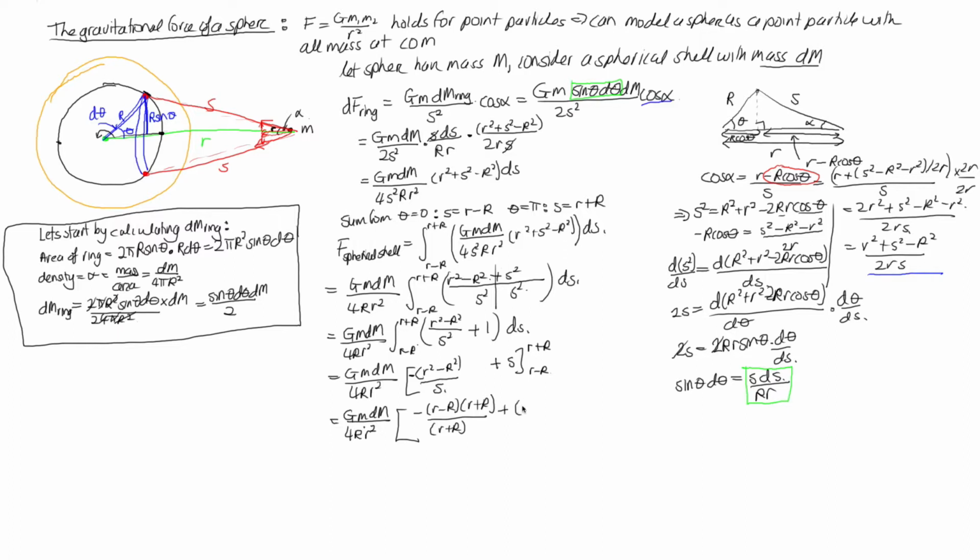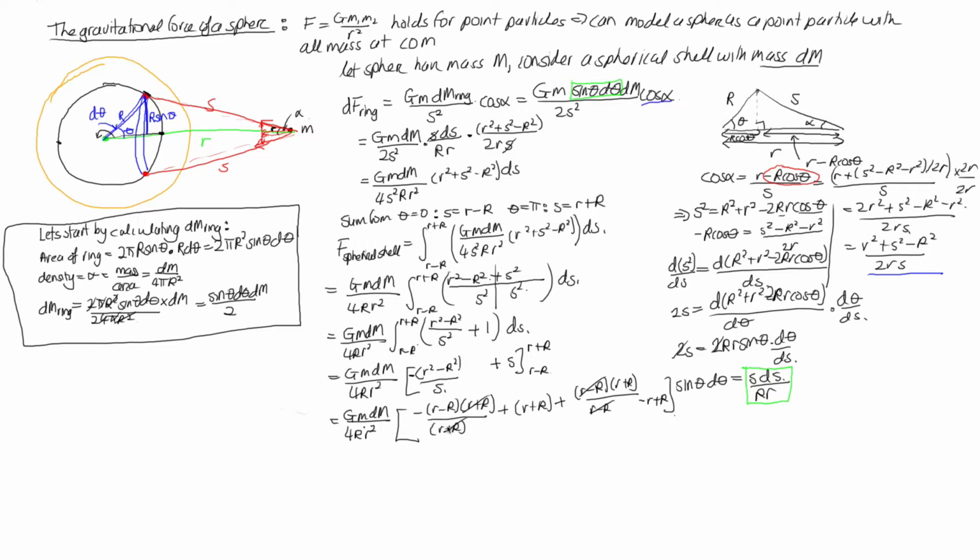And I've got plus R, and now minus, so that becomes plus (r minus R)(r plus R) over substituting in R minus r. Okay, and then we do minus s, substituting in R minus r, so that's minus R plus r.